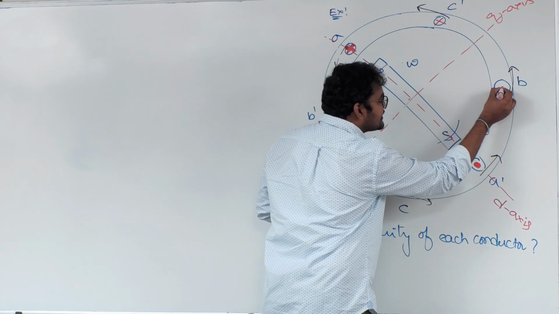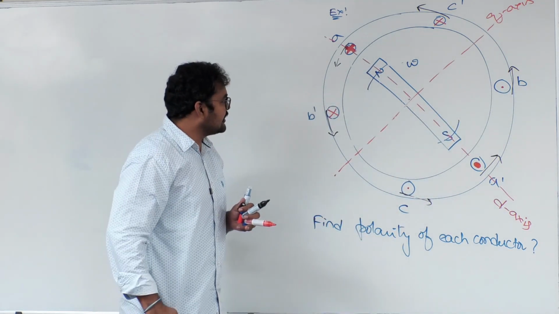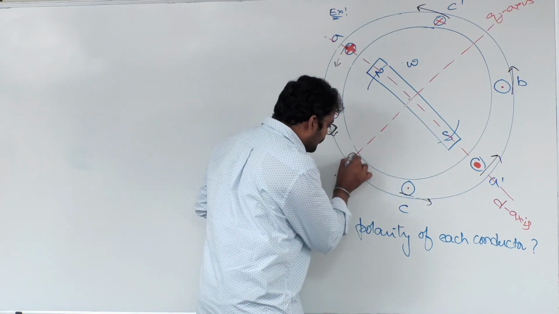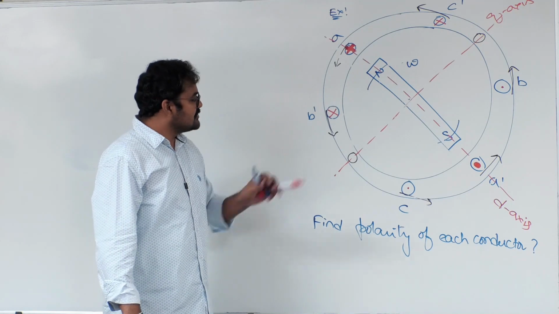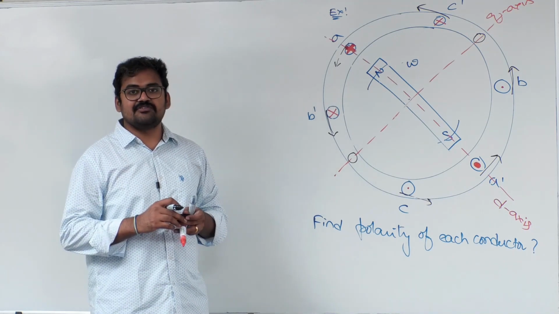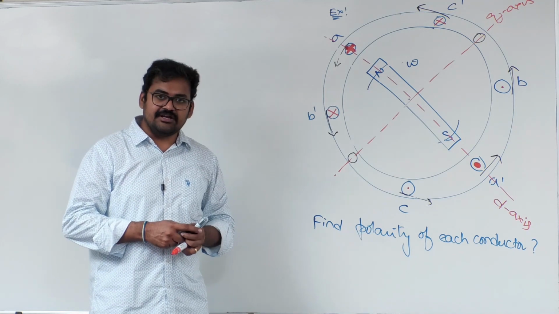C and B will experience less than maximum, so that's why I put a smaller dot. Suppose if I gave you two more conductors here, they will experience zero EMF. Understand? Okay. So this is the way to find out the polarity of induced EMF, either the conductor is moving or the magnetic field is moving.